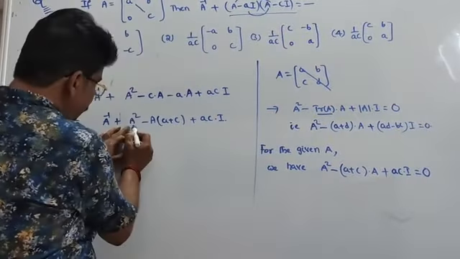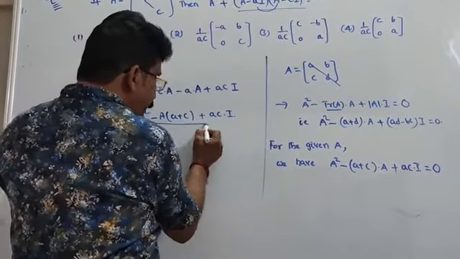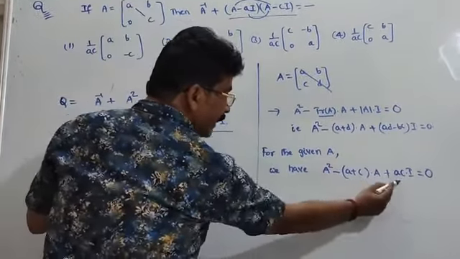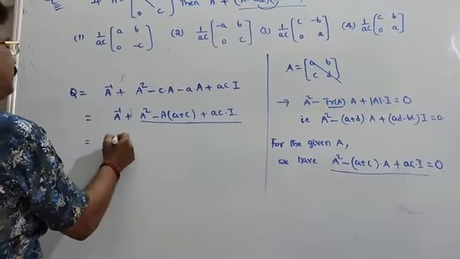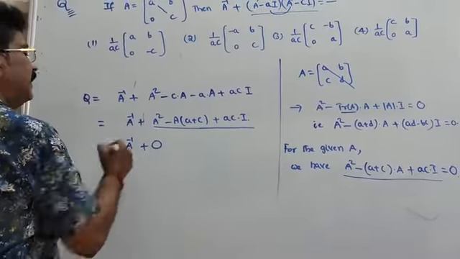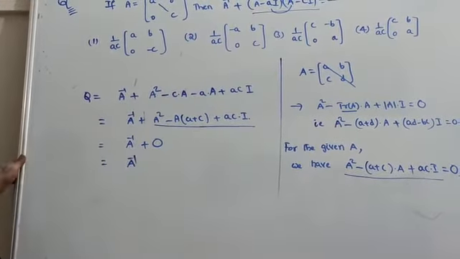So clearly we see that A square minus (A plus C) into A plus AC into I, its value is equal to the zero matrix. So that is equal to A inverse plus zero matrix, so that is equal to A inverse.